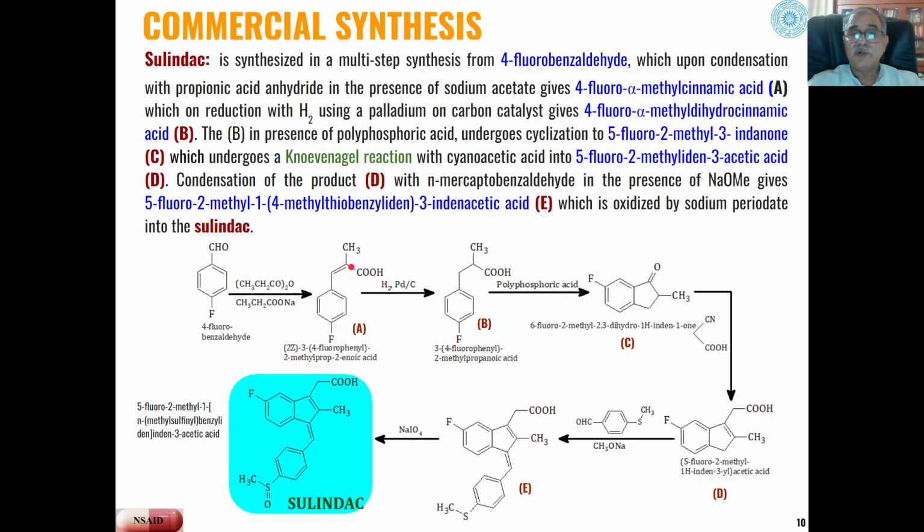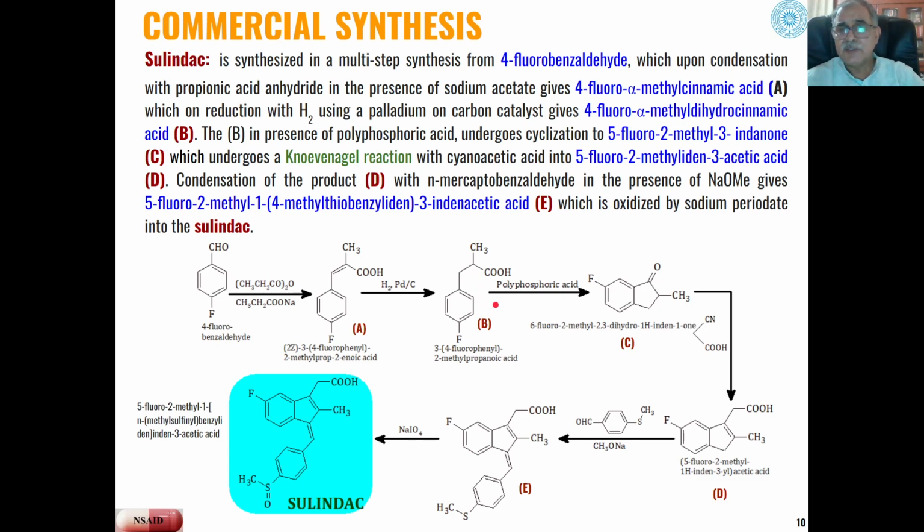Then reduction of this carbon-carbon double bond will take place when we react this with hydrogen in presence of palladium on charcoal. The carbon-carbon double bond will be converted into a carbon-carbon single bond. So the unsaturated carboxylic acid, that is cinnamic acid, is converted into this saturated acid derivative.